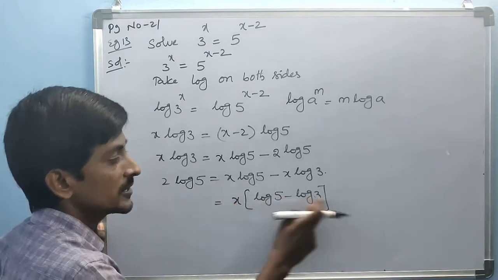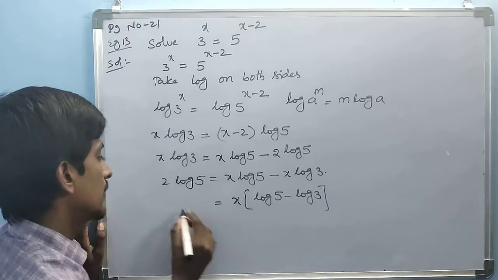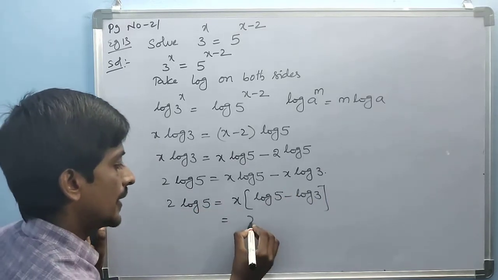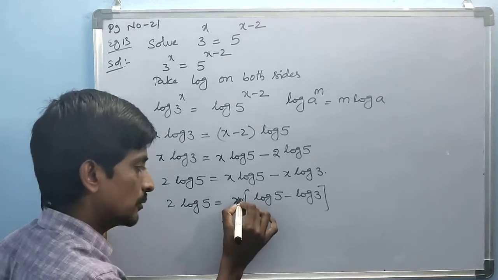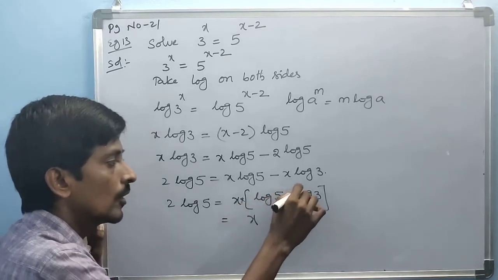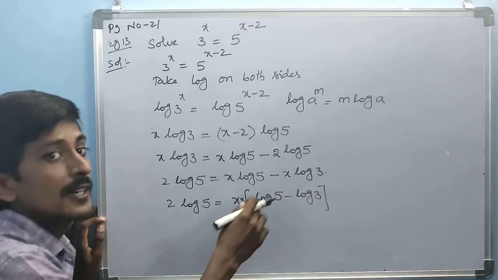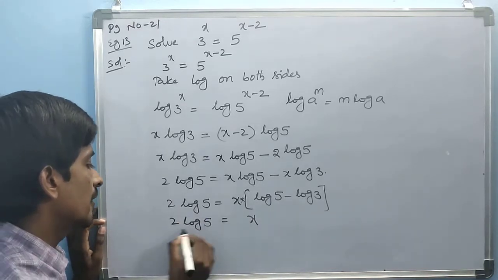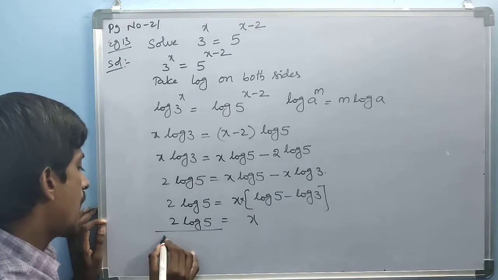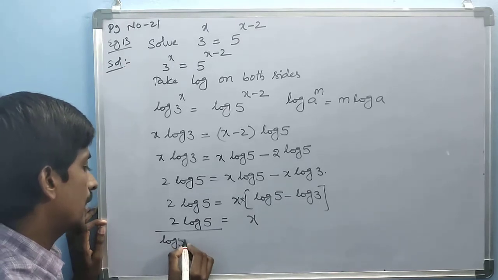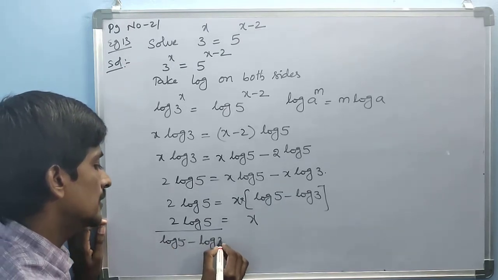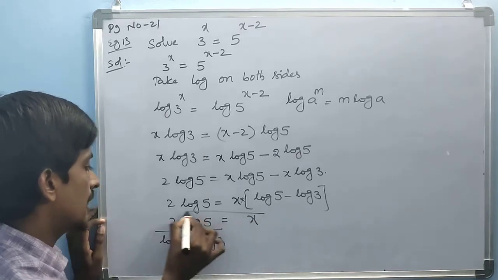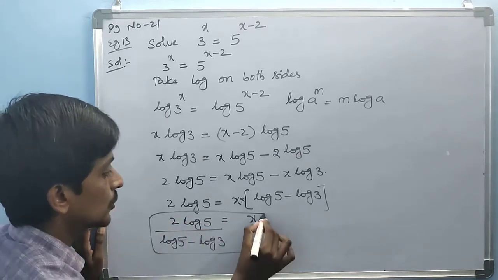So x into something equals 2 log 5. So this transfers to this side as division: 2 log 5 by log 5 minus log 3. This is the x value.